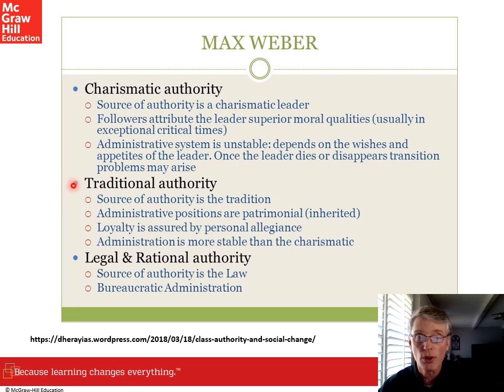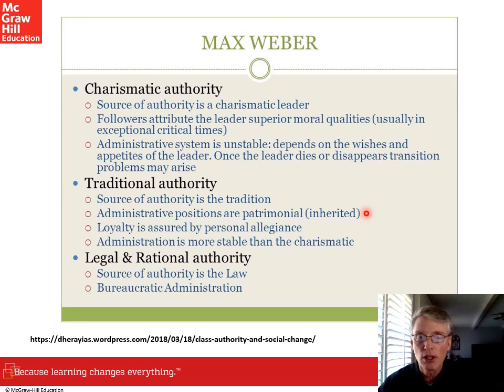And traditional authority is basically tradition. It's handed down through tradition, but I like to think of it like royalty, kings and queens and princes and princesses, and how authority is passed down after one of them leaves, whether they die or step aside or whatever it may be. But we have to have rules on who's going to have power.